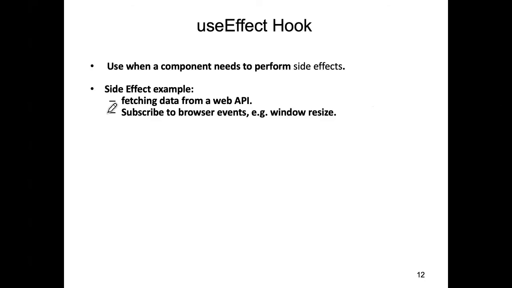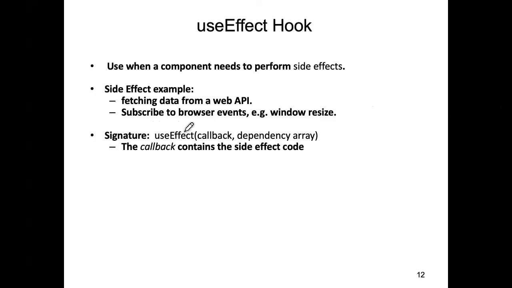So the useEffect is a hook, which means it's a function. This is the signature of the function. It expects 2 arguments. The callback is a function. And the callback contains the side effect code that you want to have executed. The dependency array, I'll just leave that there just for a minute. What its significance is. This useEffect hook, when is it executed?